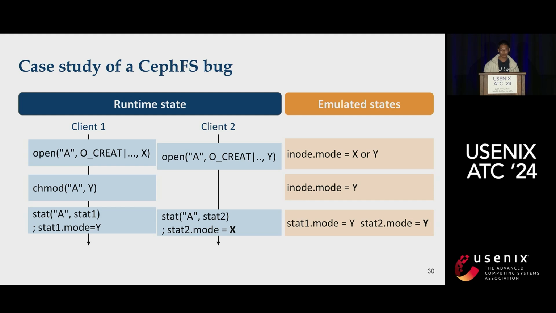So according to the emulation, the two stats should retrieve Y as the file mode. However, at runtime, the client actually retrieved X as the file mode. So that means it's a semantic bug. This bug is caused by incorrect concurrency control in the Ceph server.